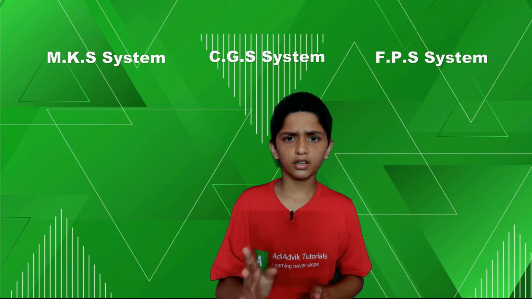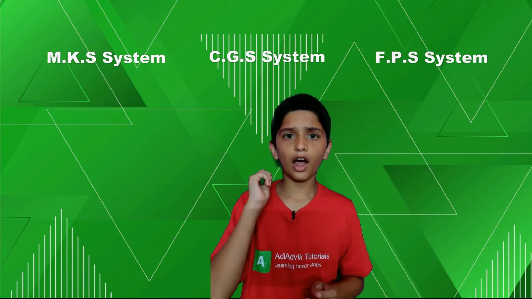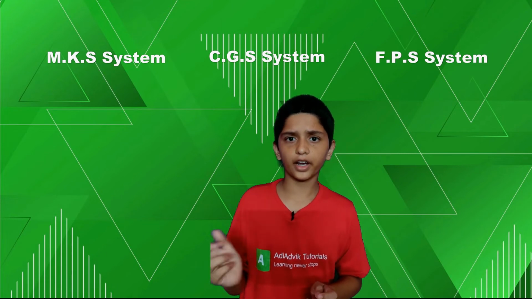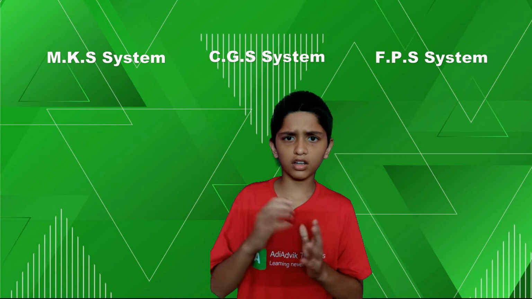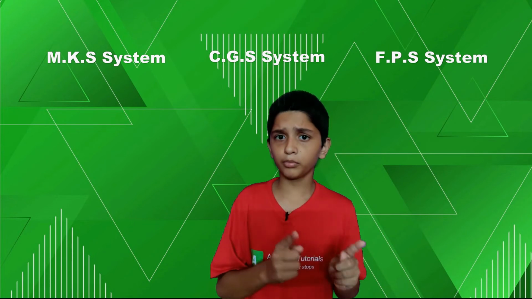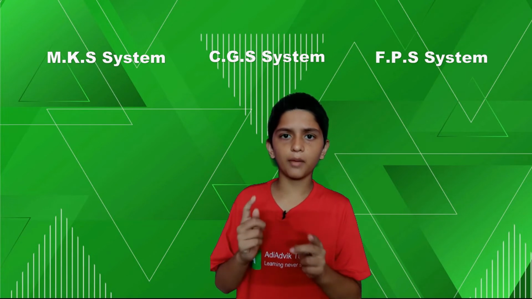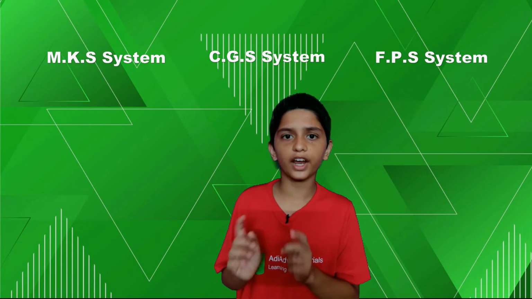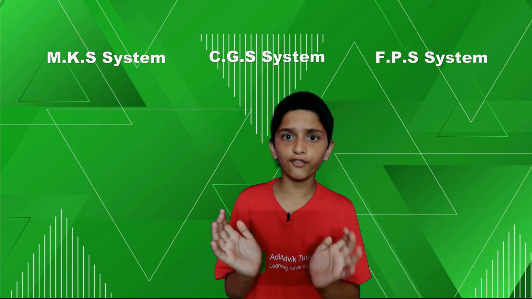In the MKS system, you have meter, kilogram and second. You use meter, kilogram and second. M stands for meter, K stands for kilogram, and S stands for second. Meter, kilogram, second. This is the full form.